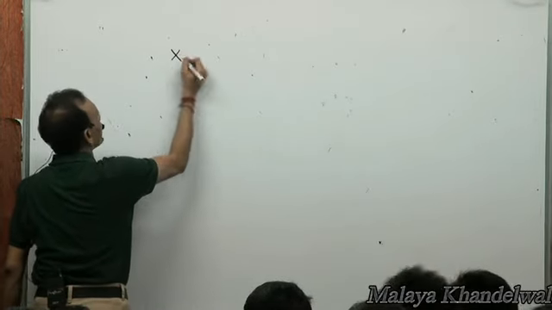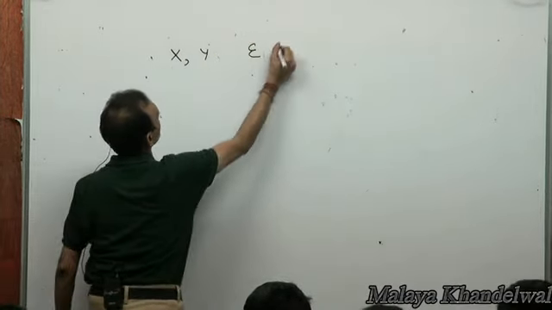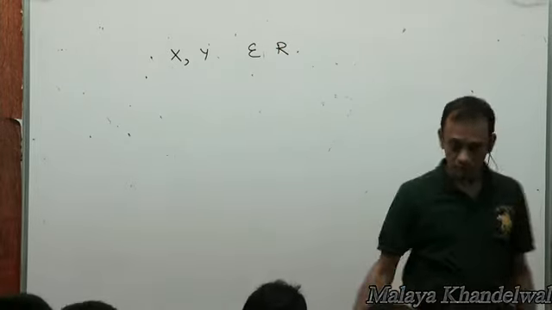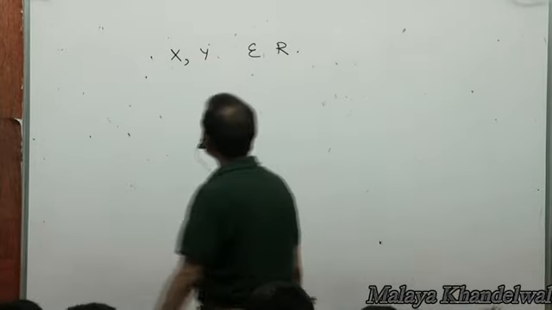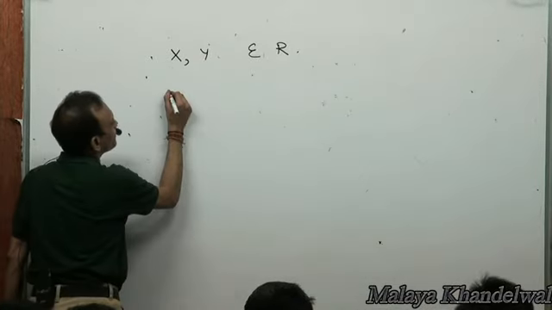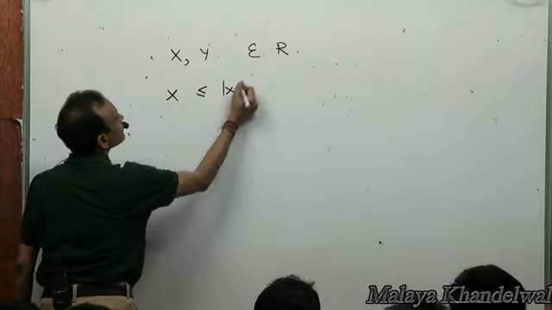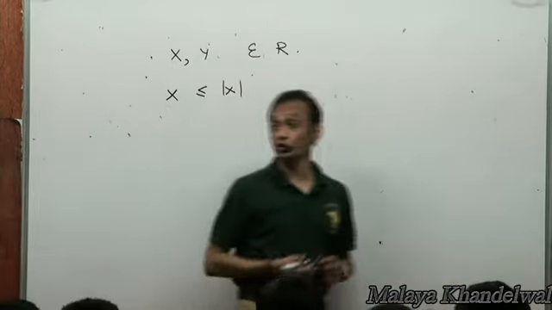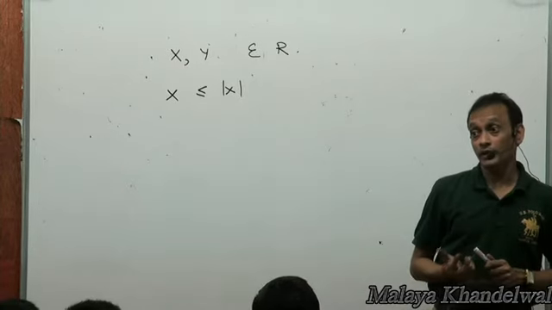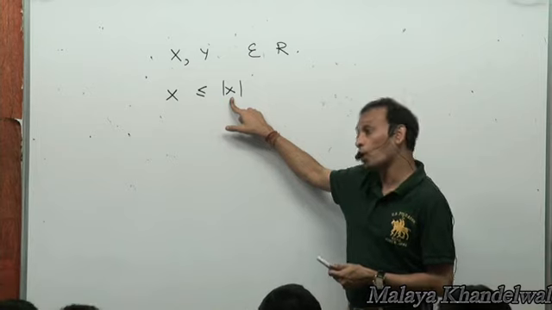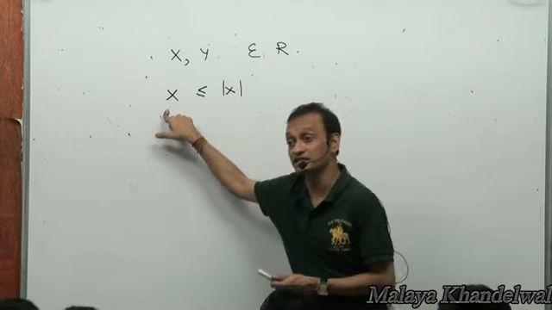Suppose x and y are two real numbers. Any two real numbers. Can I say x cannot exceed mod x? At best, x could be equal to mod x. Right? If x is negative, x will be less than mod x, because mod x is positive but x is negative.